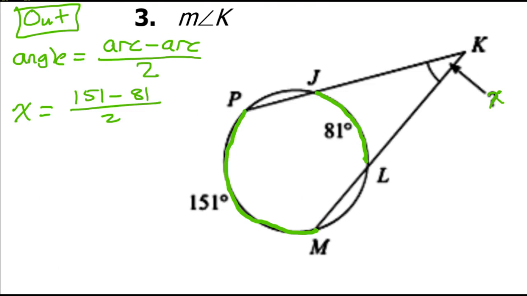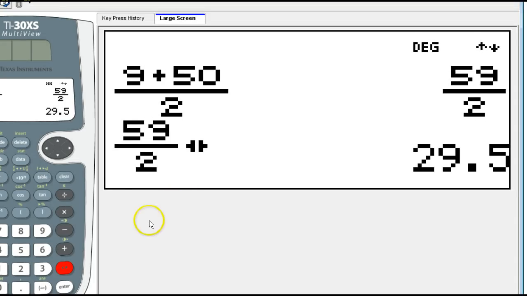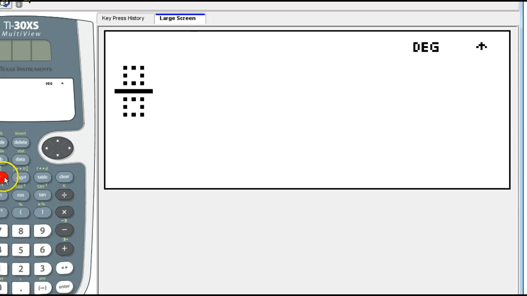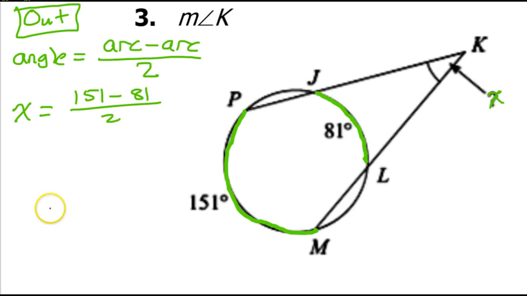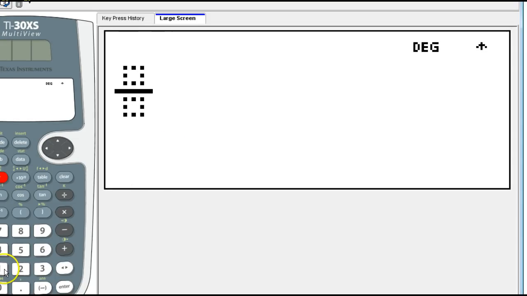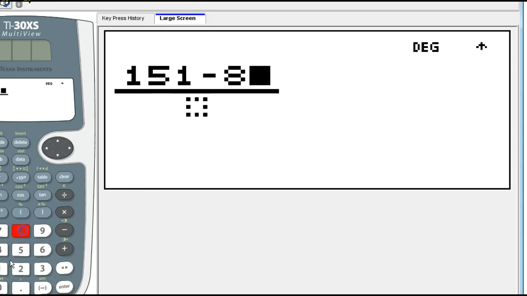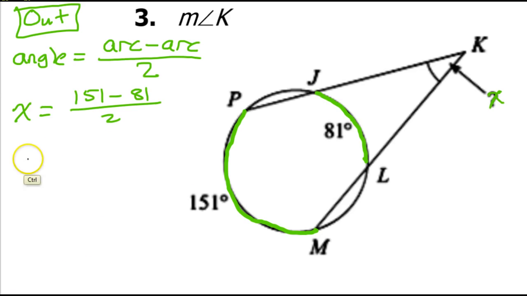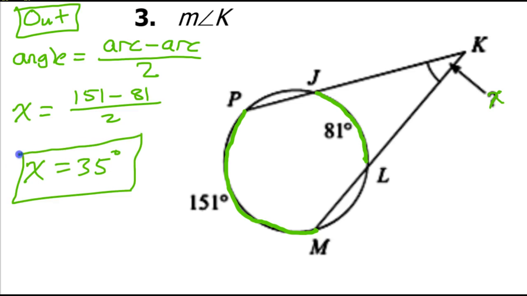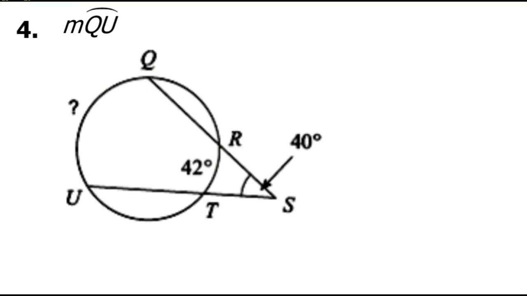So we should be able to just put that in the old calculator. What was it again? 151 minus 81. So we have 151 minus 81 divided by 2. So that's going to be 35. So that's how you do number 3.